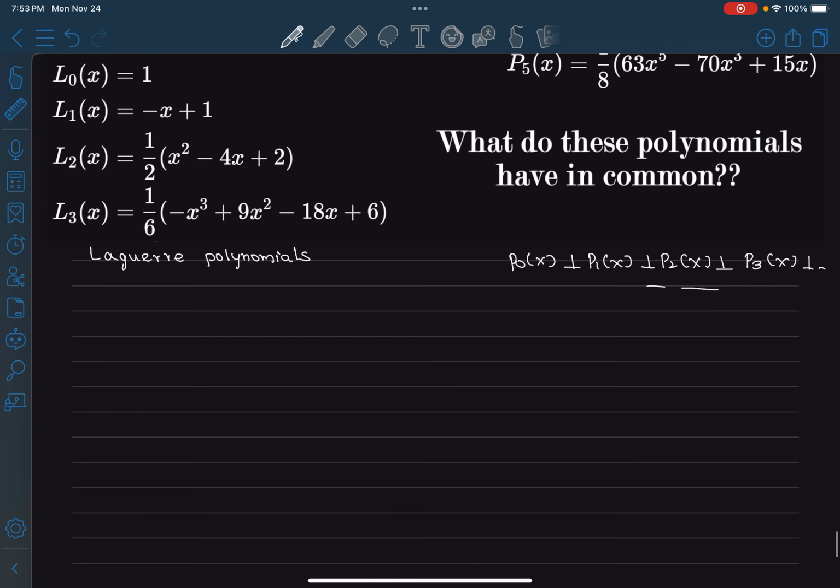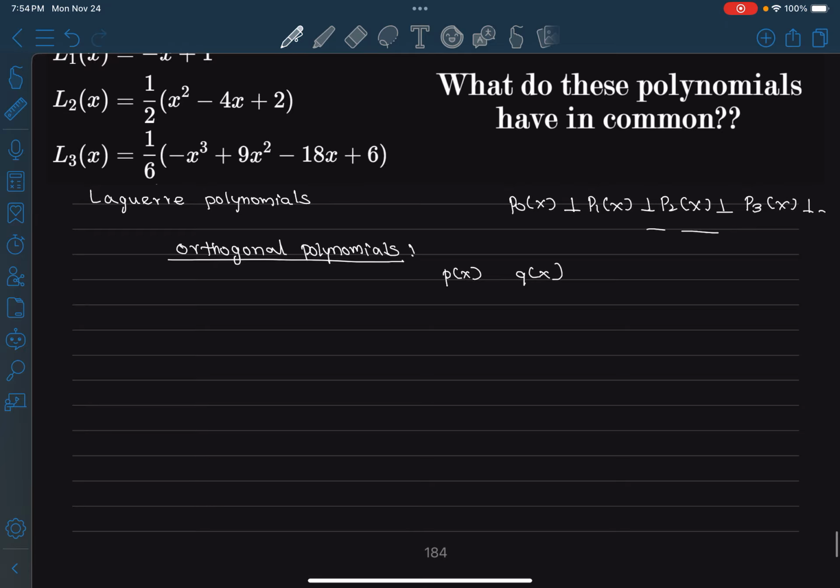So what does it mean for two polynomials to be orthogonal? Let's say I have polynomials p(x) and q(x). In vectors, we just take the dot product, but over here, we take the integration.